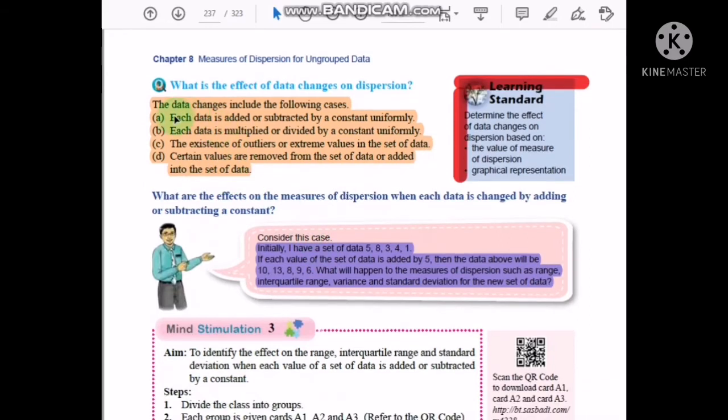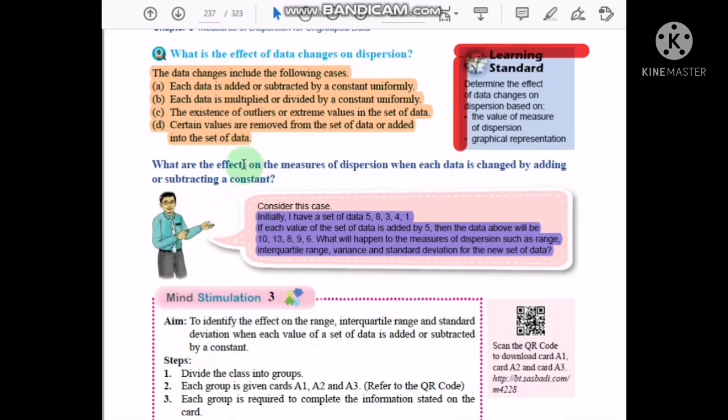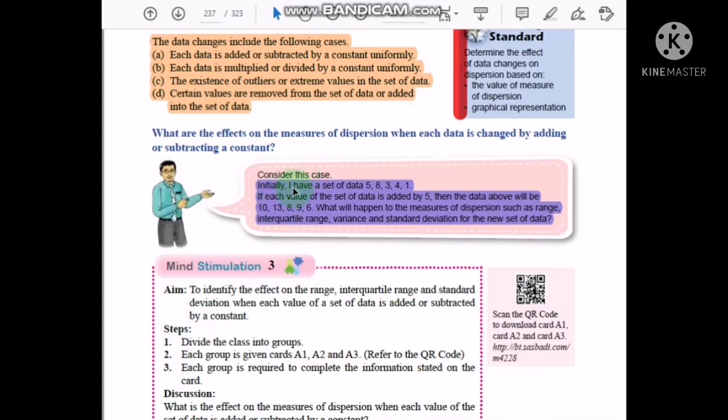Okay, let's look at A first. What is the effect on the measures of dispersion when each data is changed by adding or subtracting a constant? Look at this one, the first case.